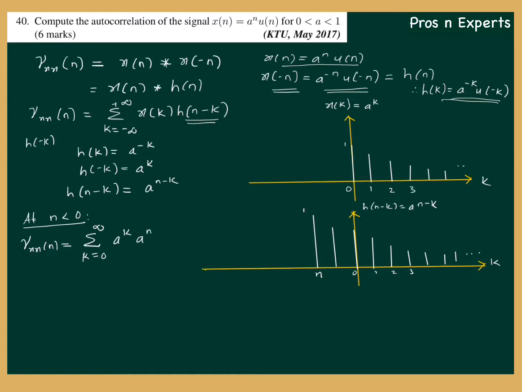So a raised to k into a raised to n minus k, which I can write as sigma over k equal to 0 to infinity a raised to k into a raised to n into a raised to minus k. The dummy variable of the sigma is k, so with respect to k, a raised to n is a constant. I can take it outside.